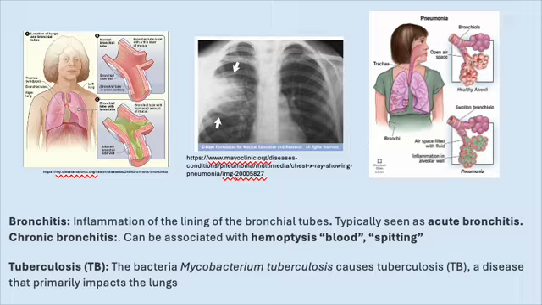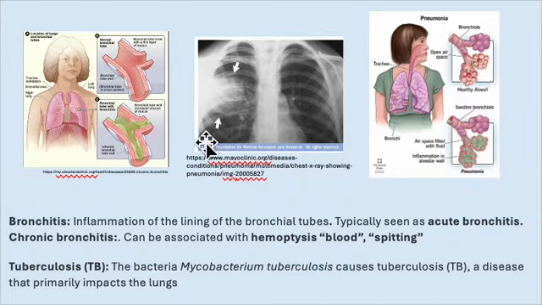Now, unlike bronchitis, which is specific to the bronchi, those tubes, pneumonia reaches the alveoli, so the air sacs. And the result is that the sacs fill with fluid or pus. And this is clearly visible on chest x-rays.